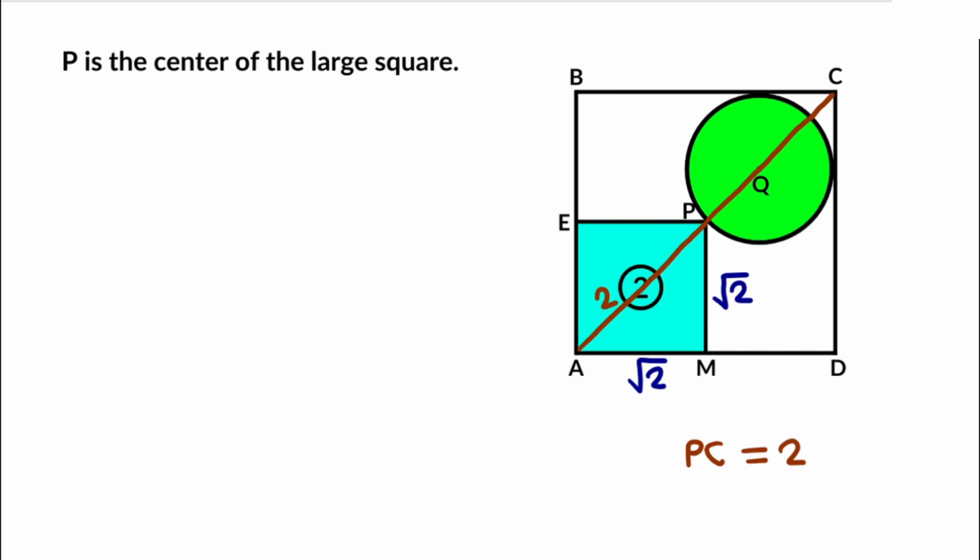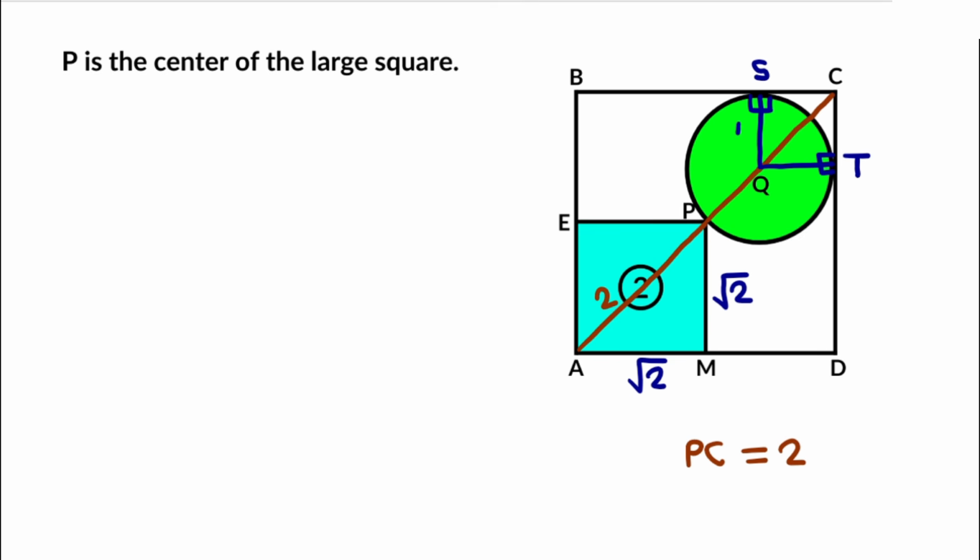Now let's turn our attention to the green circle. Its center is Q. From Q, draw a perpendicular to the top side, BC, and call the point where it touches S. And draw another perpendicular from Q to the right side, CD, and call that point T. Because these are radii drawn to the sides of the circle, QS and QT are both radii.